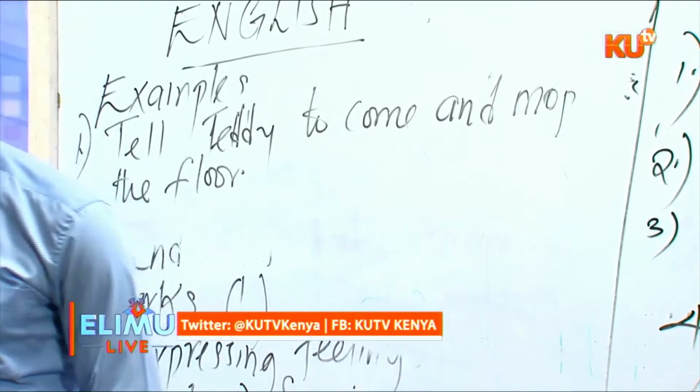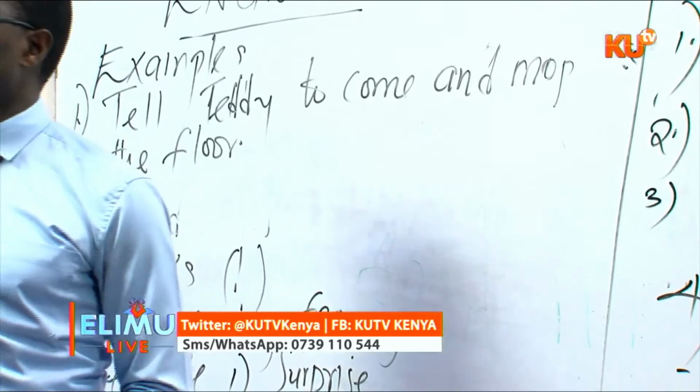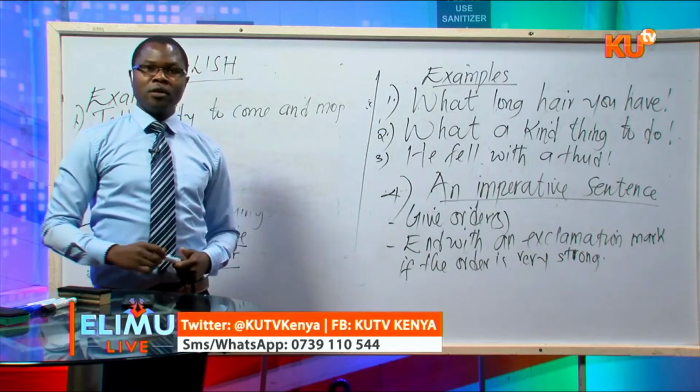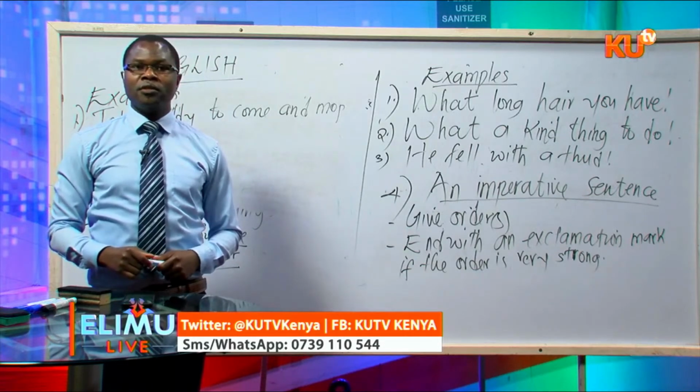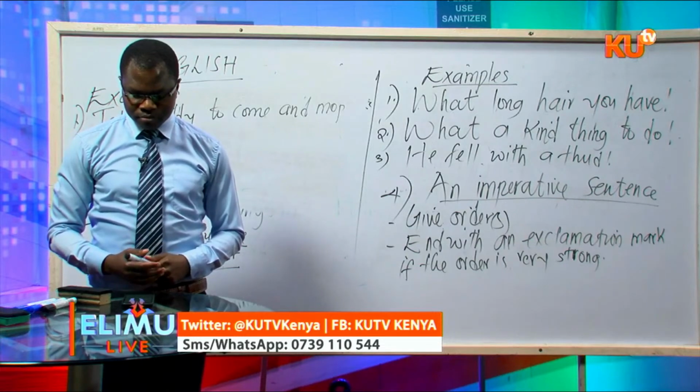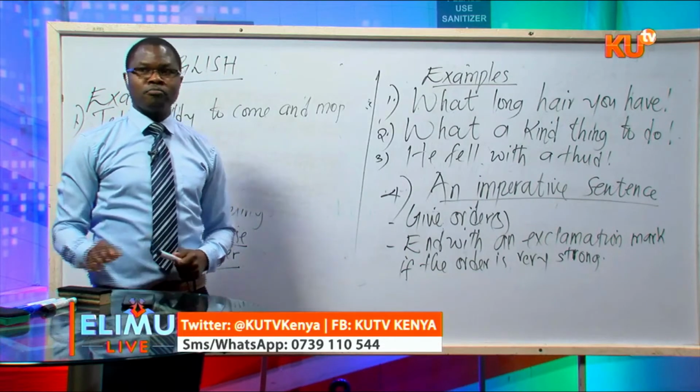This is an order, so it does not have to end with an exclamation mark because it is not a strong order. Then number 2, go to your room.